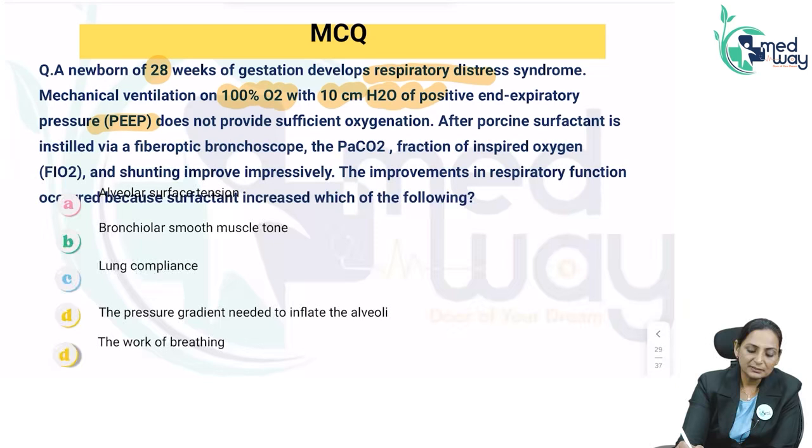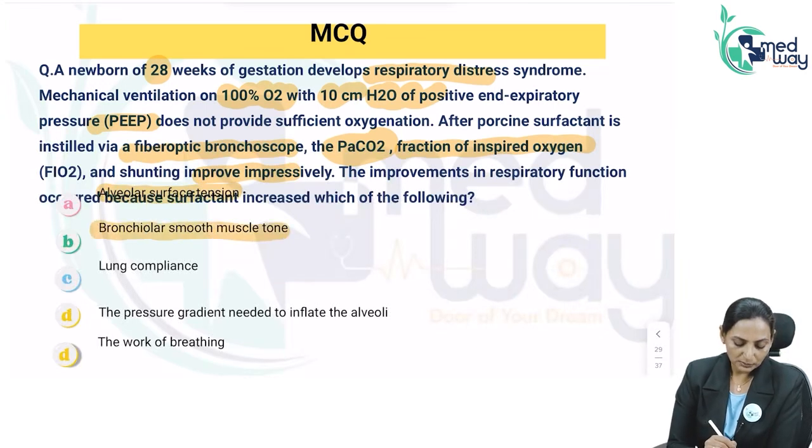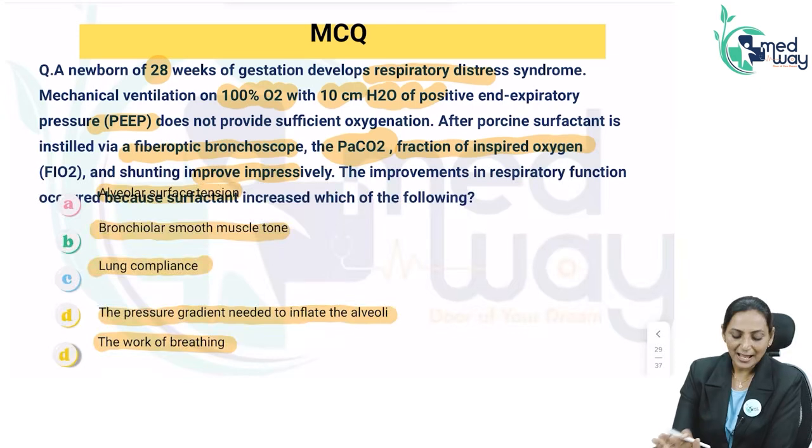After surfactant is given through a fiberoptic bronchoscope, the partial pressure of carbon dioxide and the fraction of inspired oxygen improved. The improvement in the respiratory function is because of, again the options are not given clearly, we'll try to read: the alveolar surface tension, bronchiolar smooth muscle tone, lung compliance, work of breathing, or the pressure gradient needed to inflate the alveoli.